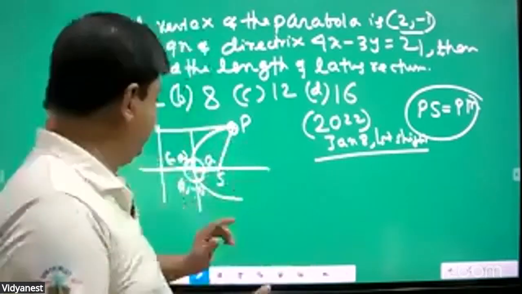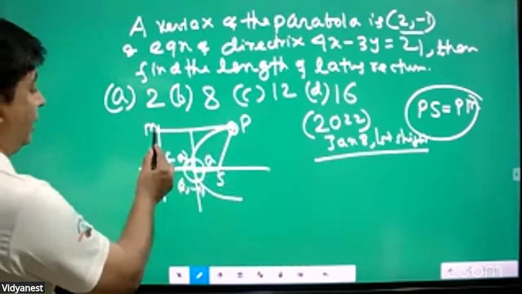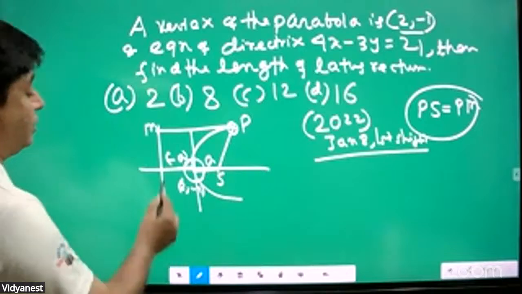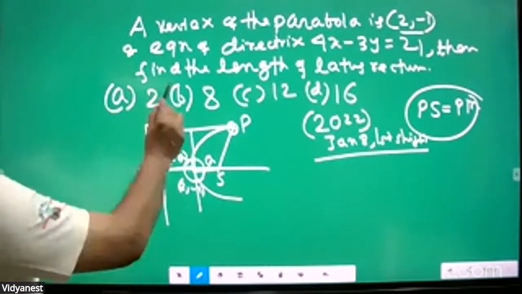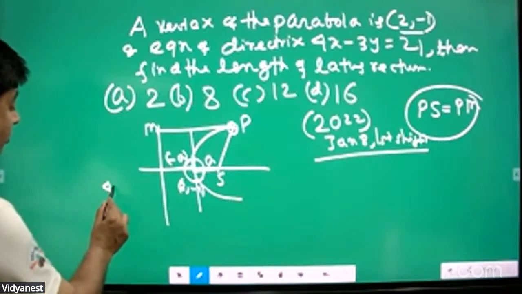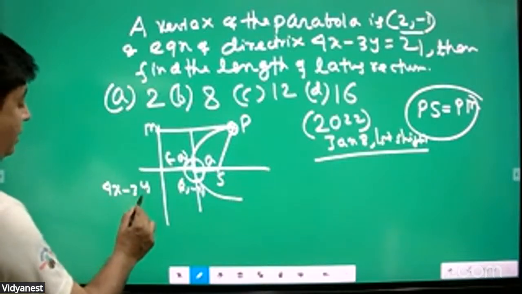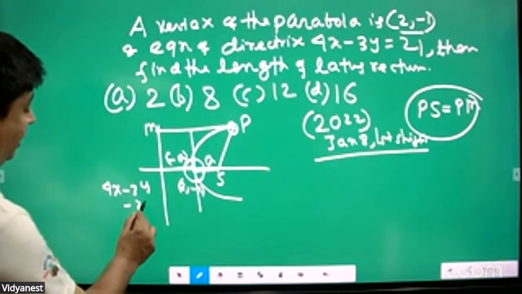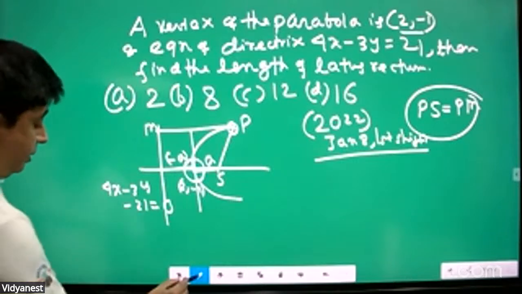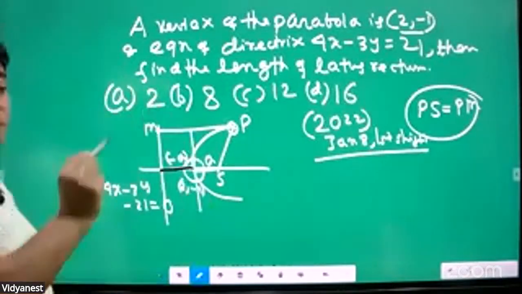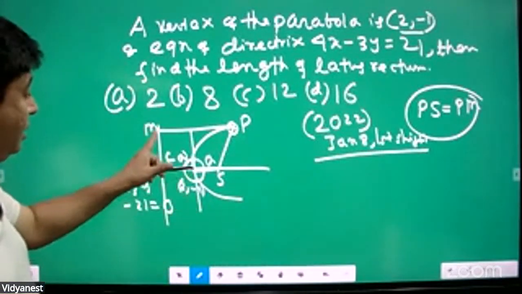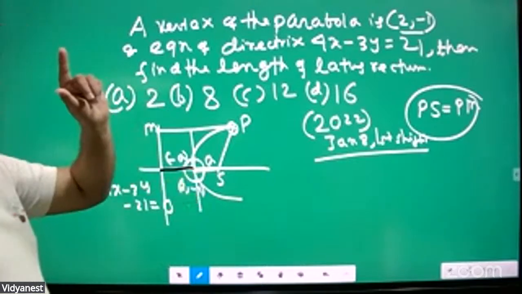Yes or no? And this equation is also given. This equation is 4x minus 3y minus 21 is equal to 0. So what will you do? You find the perpendicular distance of this line from this point.